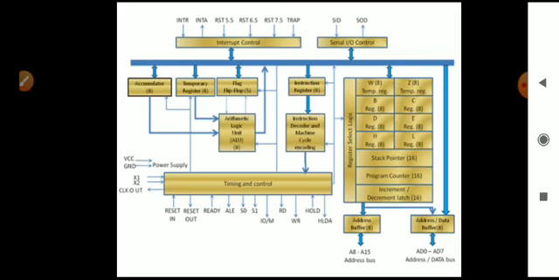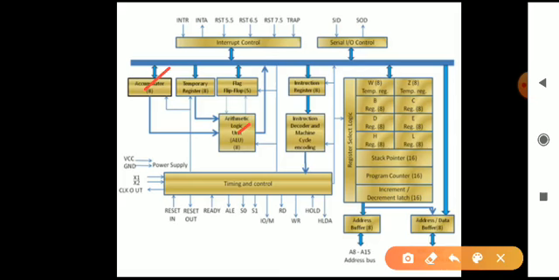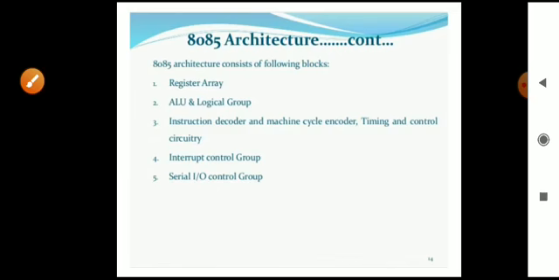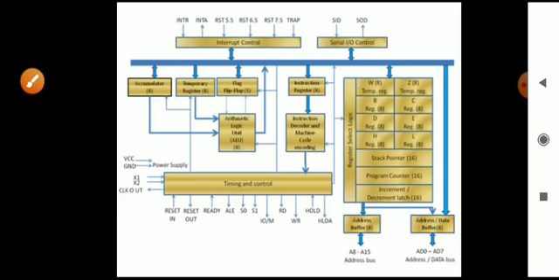Next category is the arithmetic group. In that case, we are going to discuss only the ALU and accumulator. These two points we are going to cover in this ALU group. The third group is the instruction decoder and machine cycle encoder, as well as the timing control unit.